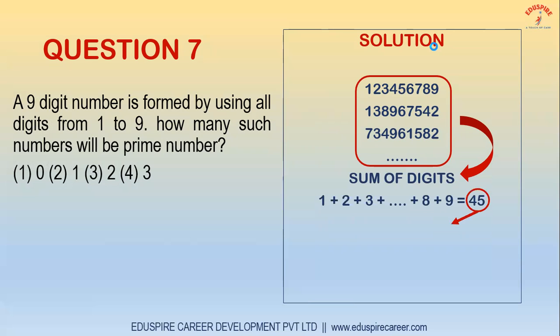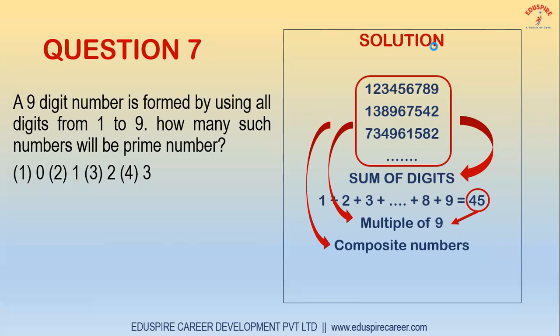And since 45 is a multiple of 9, we can definitely conclude all these numbers will be multiples of 9. And hence we can say all these numbers will be composite numbers. Hence none of these numbers will be prime, right?